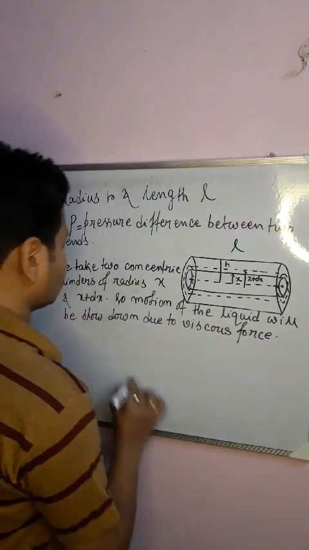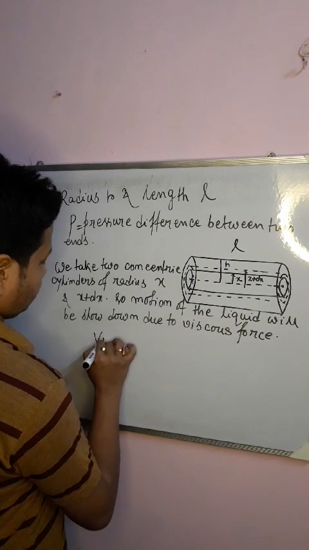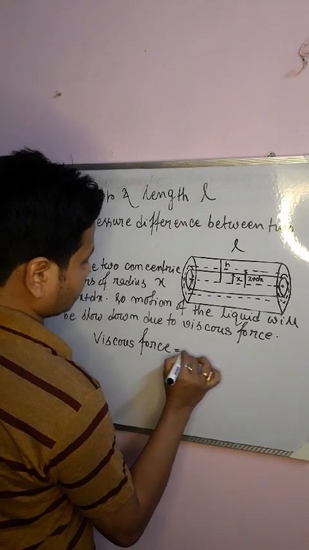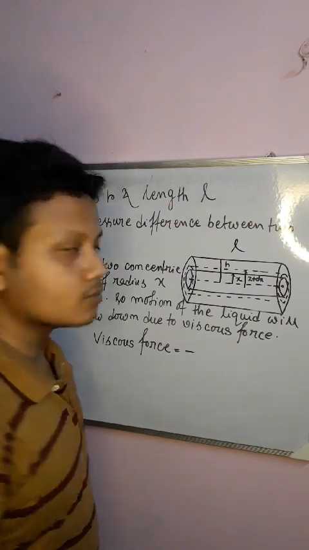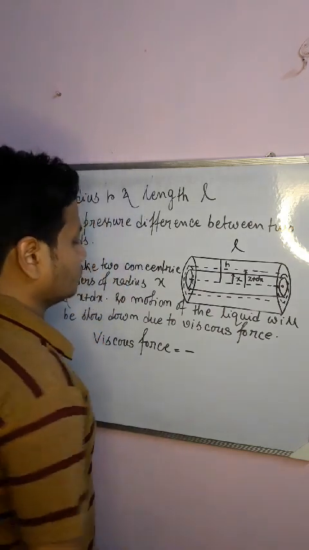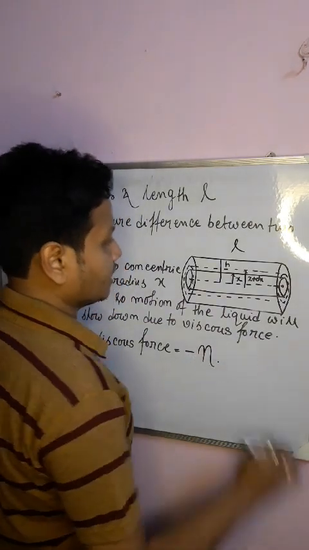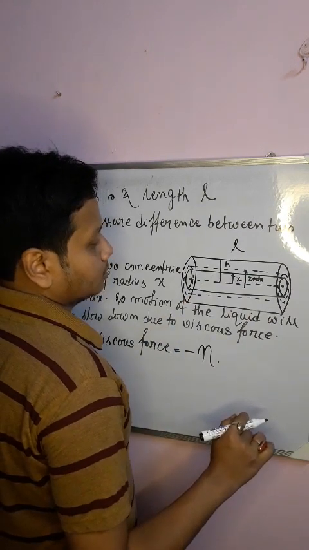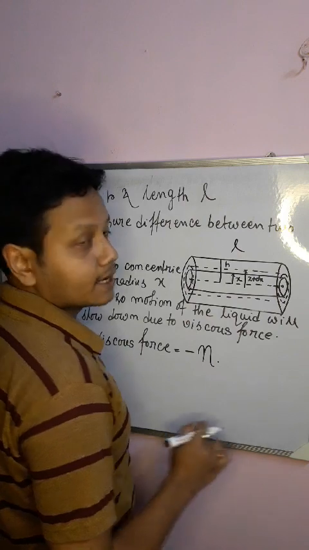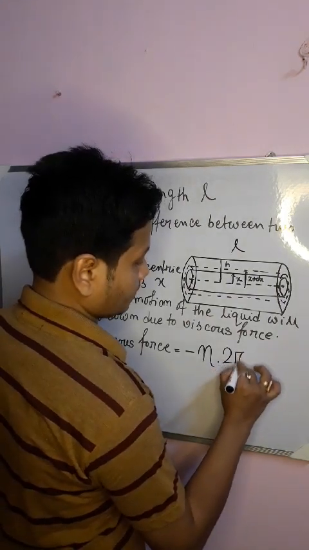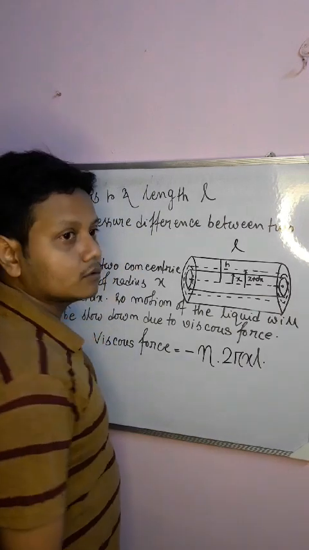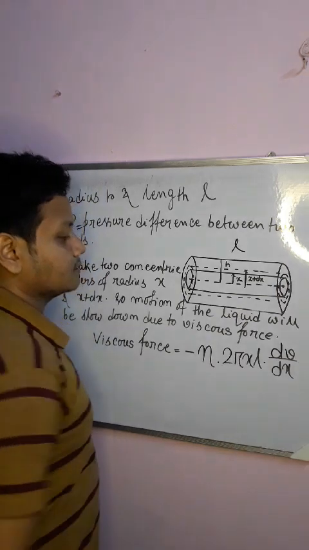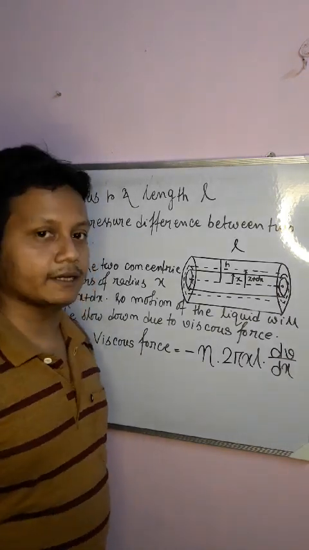Now at first we have to find the viscous force. Here the viscous force is minus eta into area, where the minus sign indicates that the viscous force acts in the opposite direction to the flow of liquid. The area of a cylinder of radius x and length L is 2 pi xL, and the velocity gradient is dv/dx.